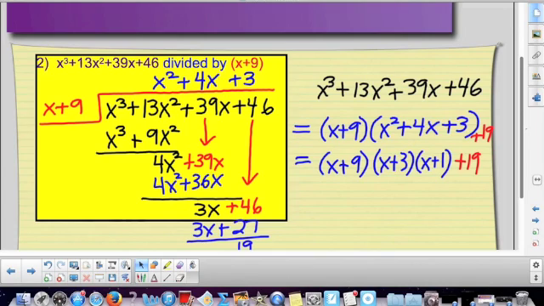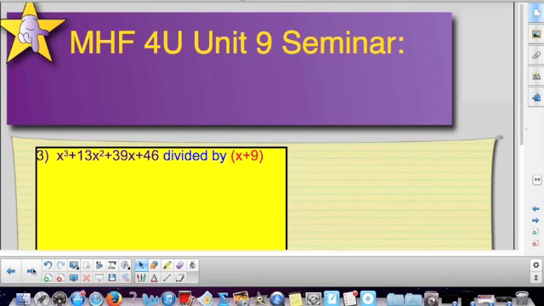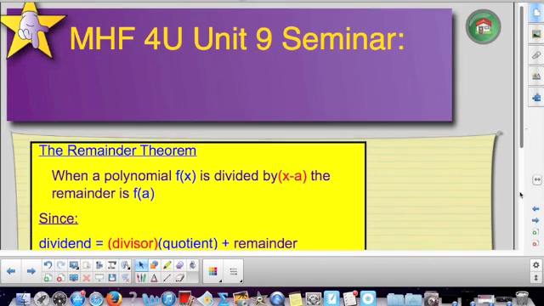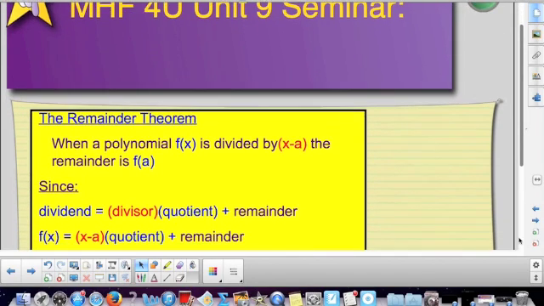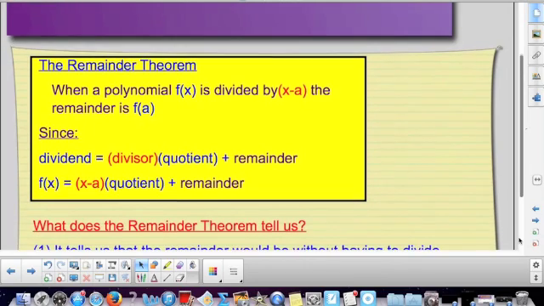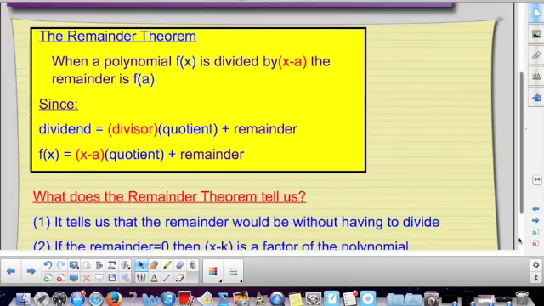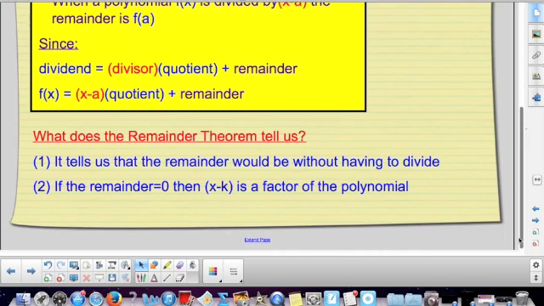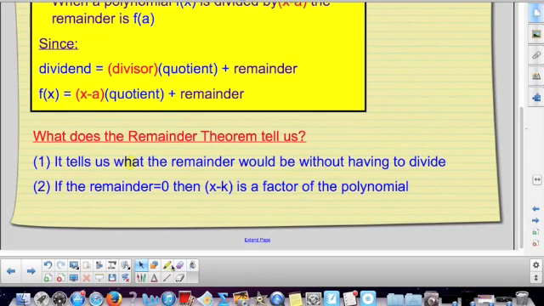Okay, so now let's move on to another theorem. The remainder theorem. When a polynomial f of x is divided by x minus a, the remainder is f of a. Since the dividend is equal to the divisor times the quotient plus the remainder, f of x is going to be equal to x minus a times the quotient plus the remainder. The remainder theorem tells us the remainder without having to divide.